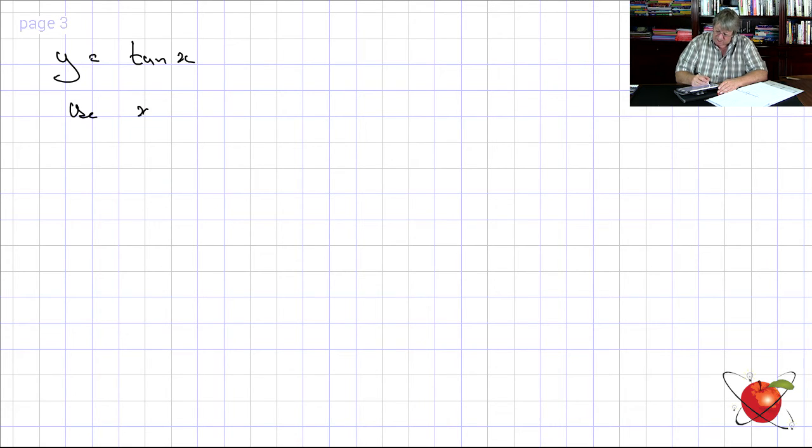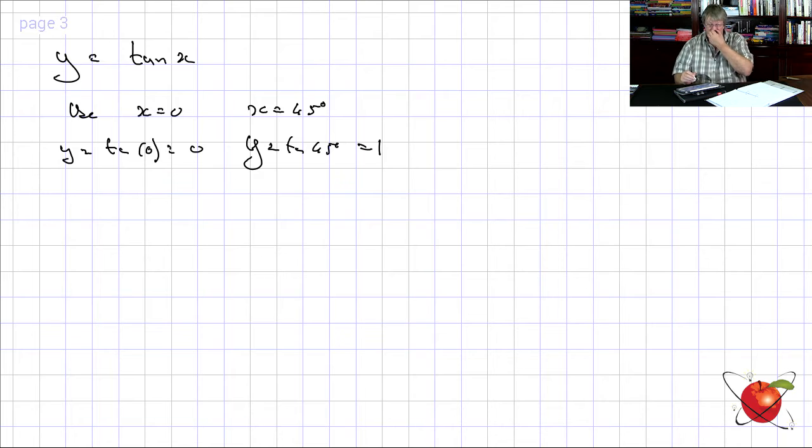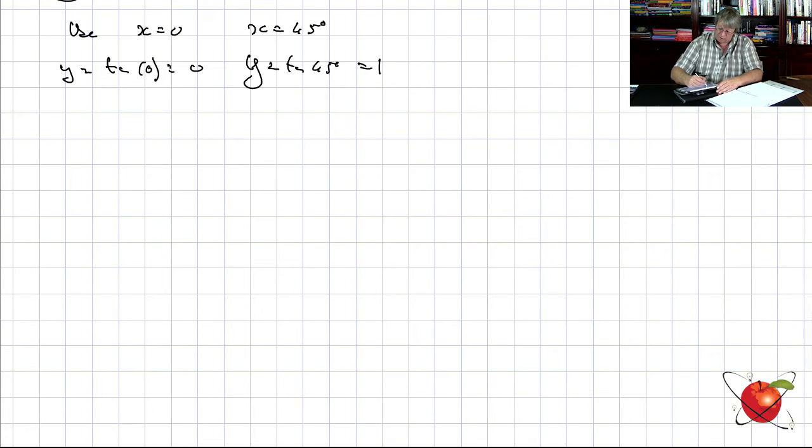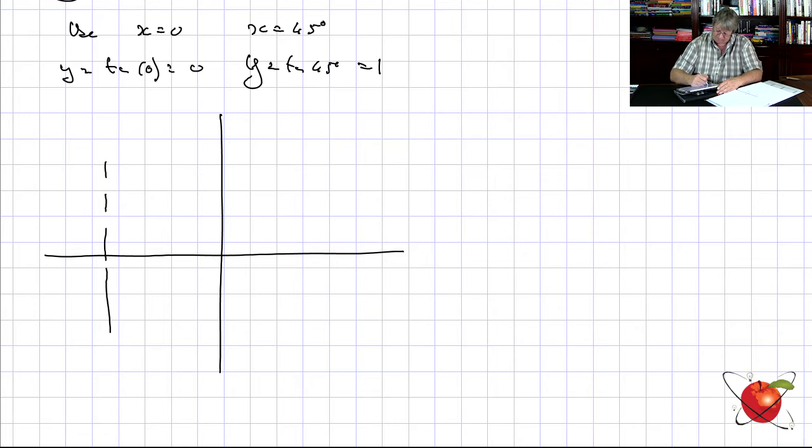Use x equals 0 and x equals 45 degrees, because y equals tan of 0 is 0 and y equals tan of 45 equals 1. So we have 2 reference points. So that is why, when we draw the tan graph, remember we said I am only going to draw it now between minus 90 and plus 90.